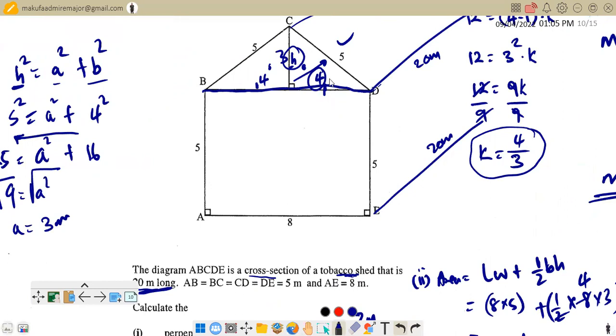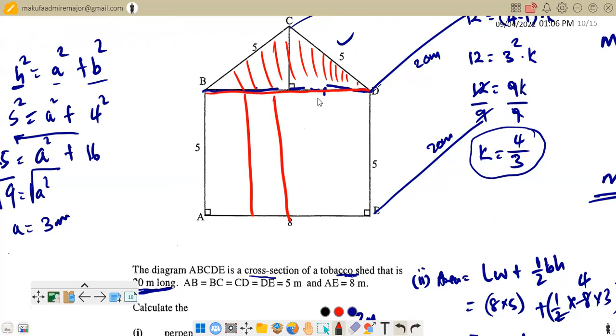So it means you can't store this tobacco on this part that I'm erasing here. You can't store on this part. So which means this part is no longer involved, because you are storing your tobacco up to BD, up to this point. So this is where your tobacco is stored.